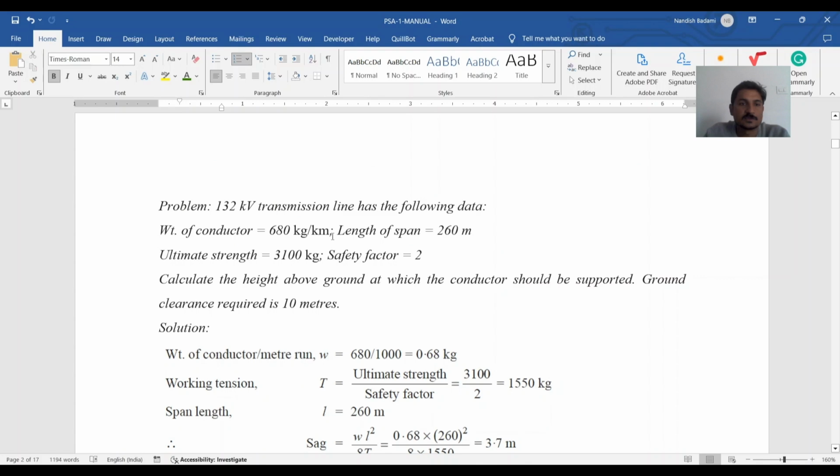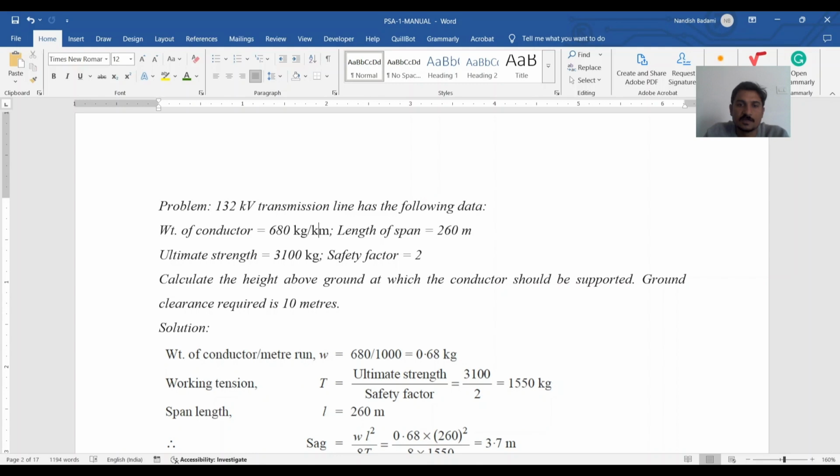The weight of the conductor is given as 680 kg per kilometer, and we need to convert it into per unit length: 680 by 1000, which is 0.68.